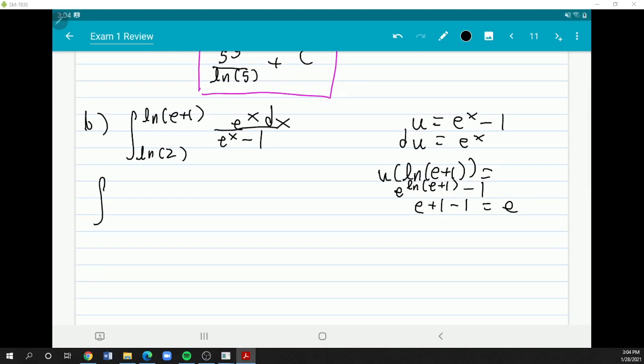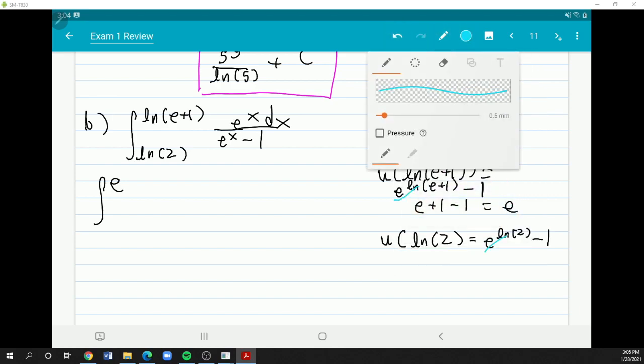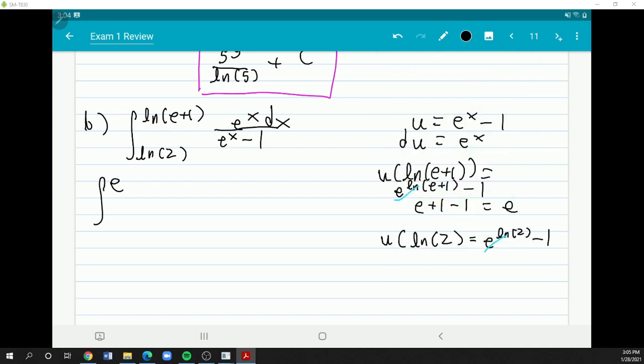Okay, so that means my top bound is now e. u of log 2 is equal to e to the log 2 minus 1. Same thing happens, e and log cancel. So I'm left with 2 minus 1 equals 1. So now these bounds don't seem so unreasonable.